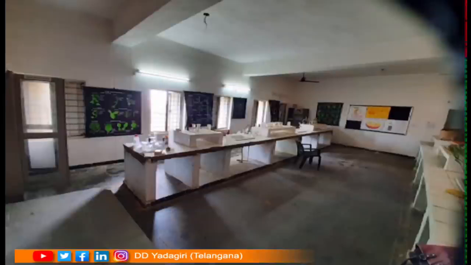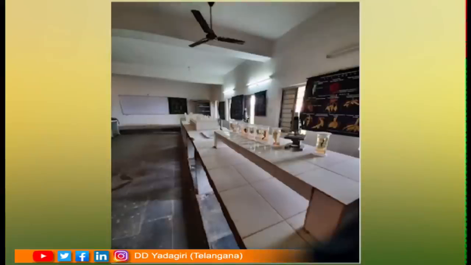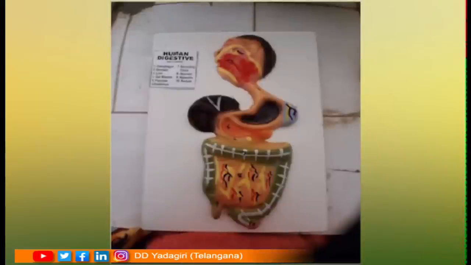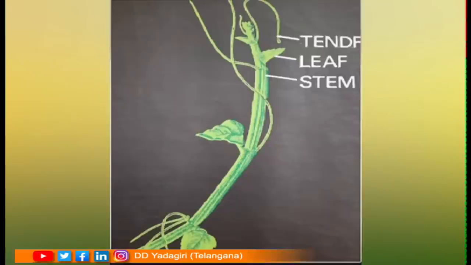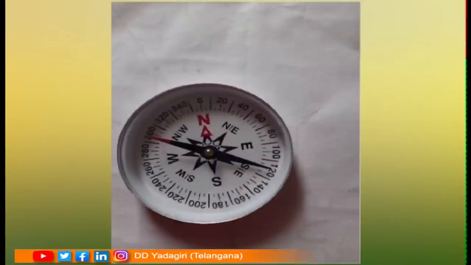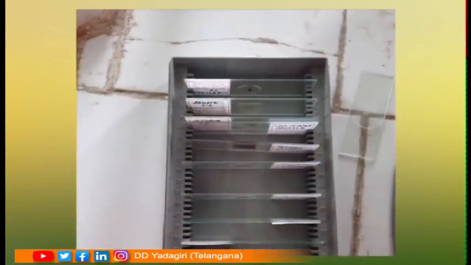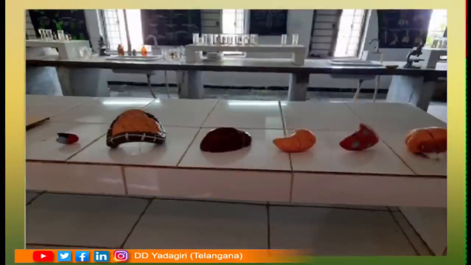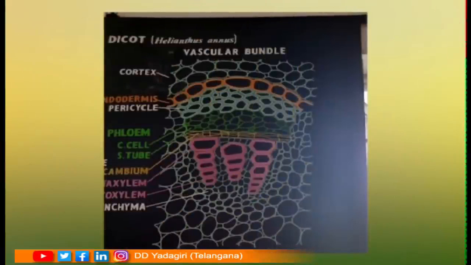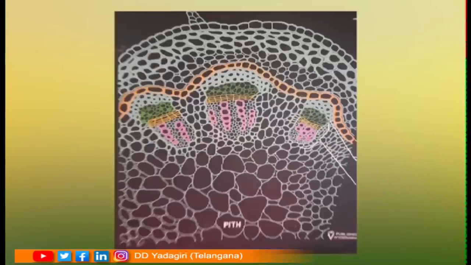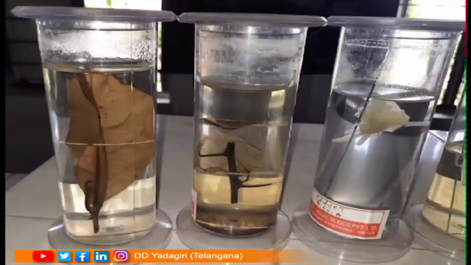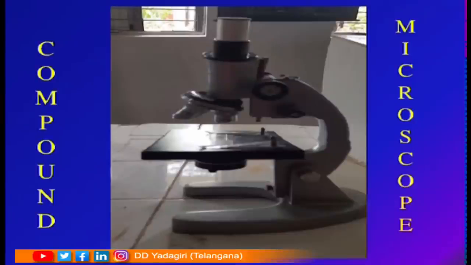So, just have a look here, children. These are the various tissues, glass slides, and specimens which are stored in the laboratory.